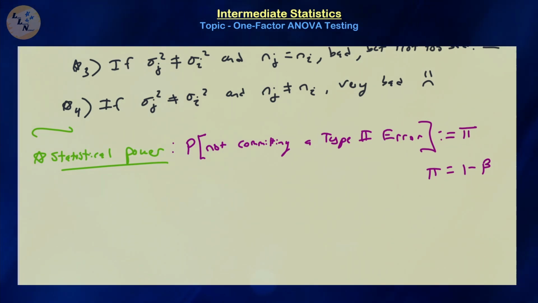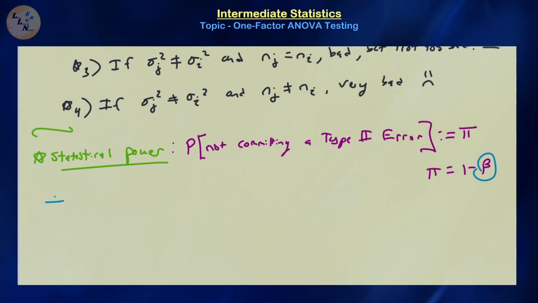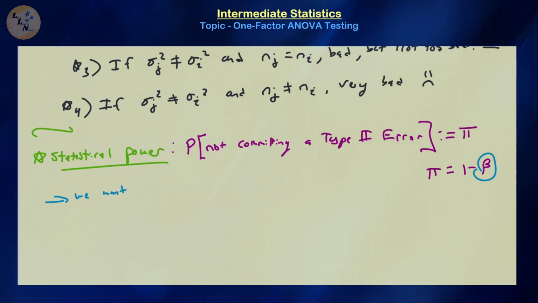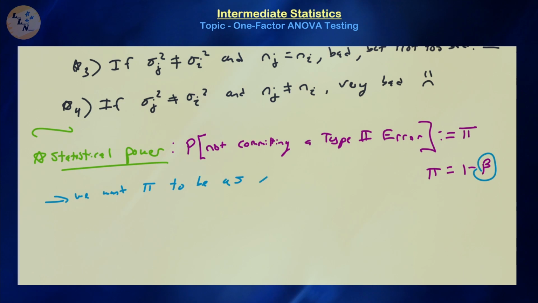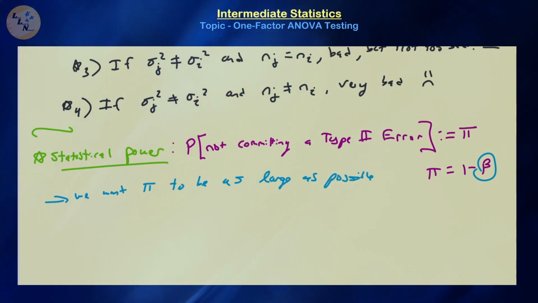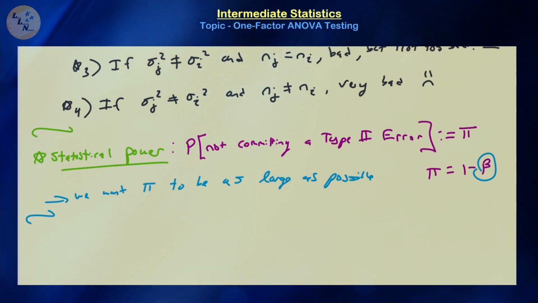Right? And remember what we want about statistical power. Well, generally we want our type 2 error probability to be as small as possible. That means we want statistical power pi to be as large as possible. Right? That's a very important thing, right? Being able to prove things that are wrong, that's definitely an ideal case.